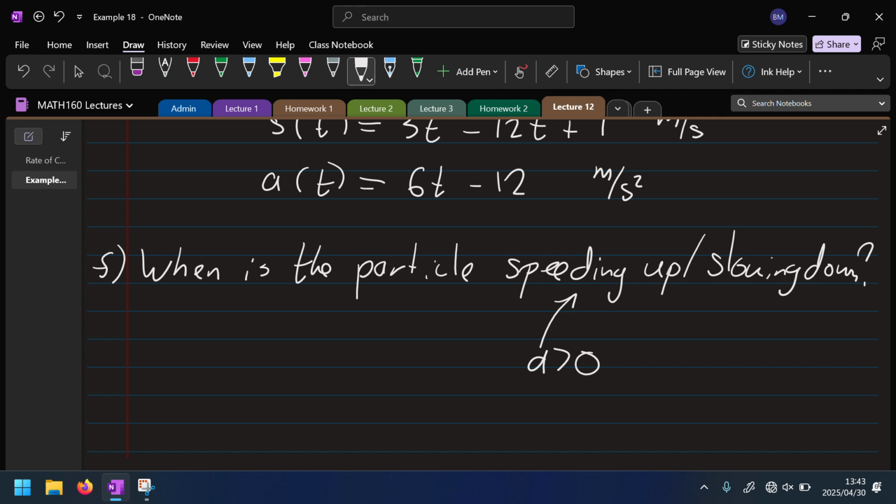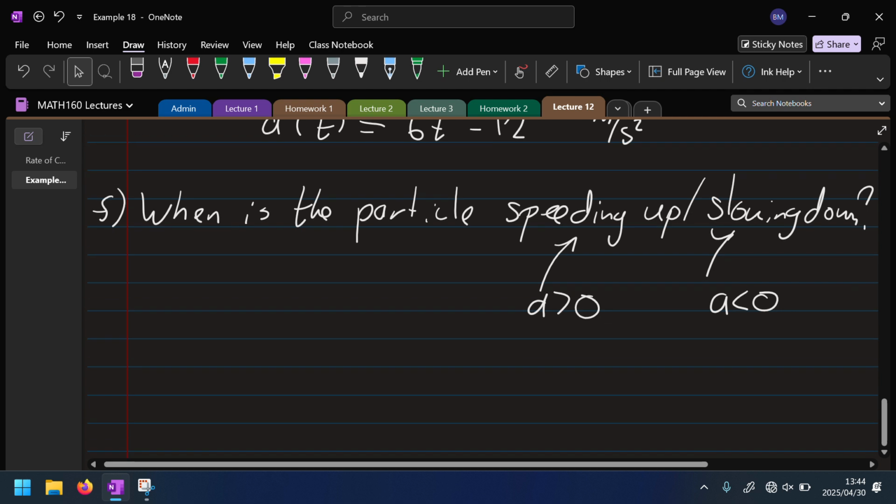Slowing down means your speed is decreasing, so a must be negative to slow you down. Or you can think of it like friction: slowing down, a is negative, it takes away from your speed. If a is positive in that direction, it will add to your speed.